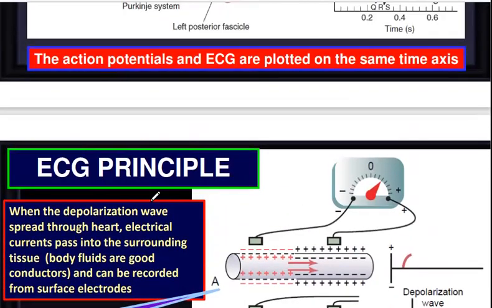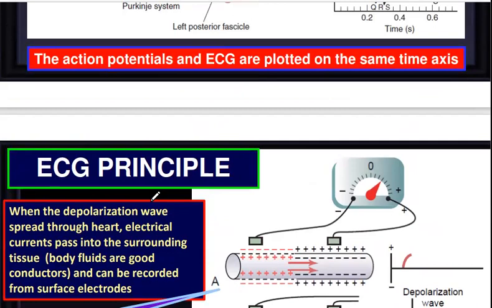So from repolarization to depolarization, or depolarization to repolarization, in an easy way we can understand it like this: from relaxation to contraction, from contraction to relaxation. This process is recorded with the help of a machine in a graphical presentation.